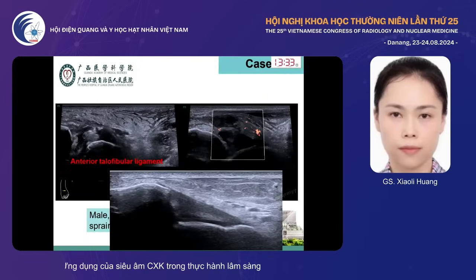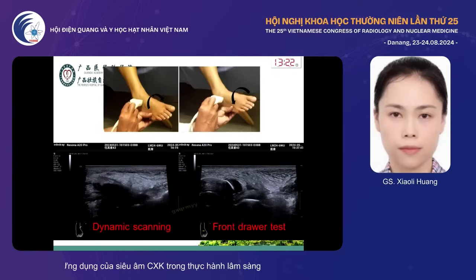Finally, the patient can be diagnosed with a rupture of the anterior talofibular ligament. To determine if it has completely ruptured, we can perform an ultrasonic anterior drawer test on the anterior talofibular ligament, as shown in the video.